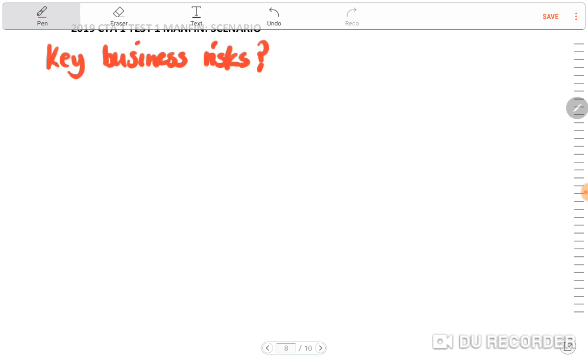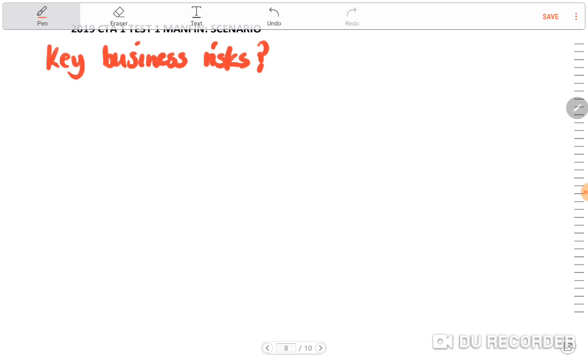So it can hinder in terms of the operations. So as long as an entity is unable to serve their mandate as an entity, that forms an example of a business risk. Now, how do we identify these business risks?